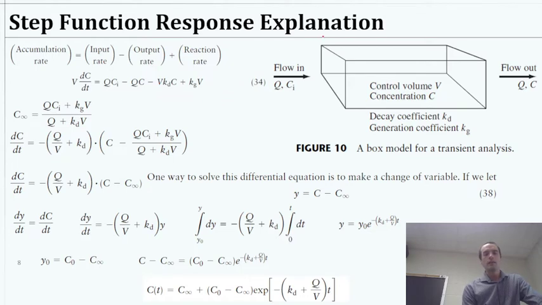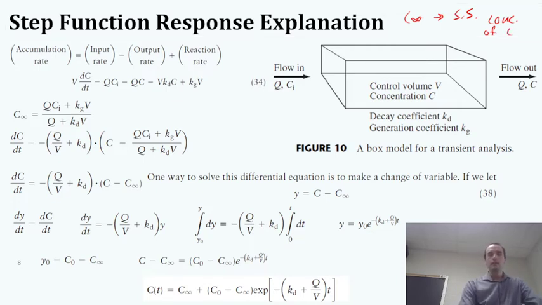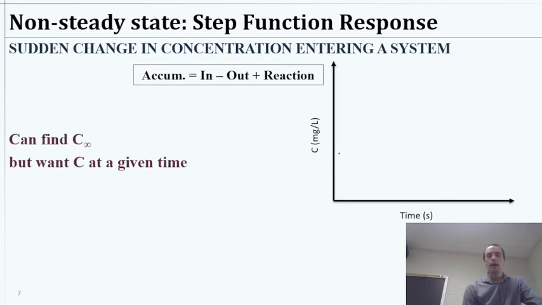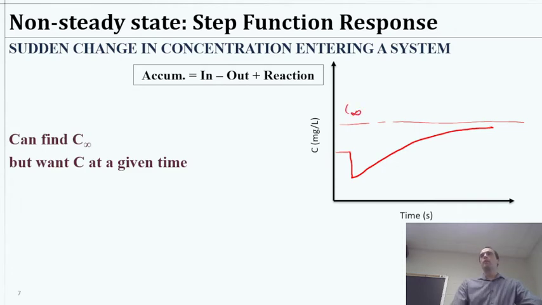So C infinity is the steady state concentration of C. So if we let the system go forever, eventually we'll reach a steady state. And that's really like if we had a system that was operating and then we perturb it, it's going to increase up until some point with the new conditions, eventually it's going to reach this C infinity, the steady state concentration there.